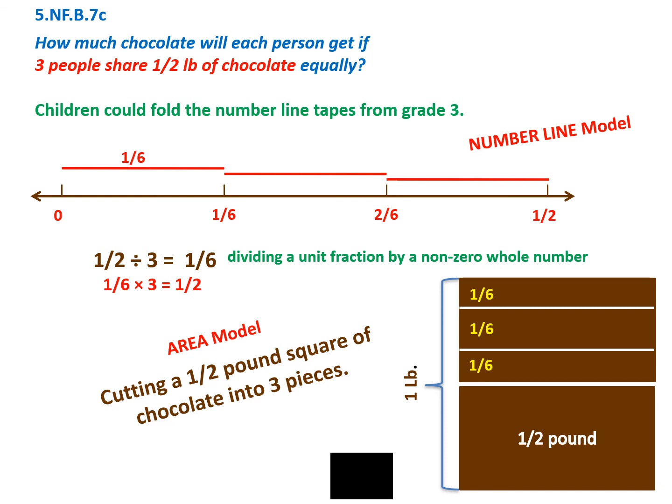We've done the same thing on the number line, dividing 1/2 into 3 equal parts. 1/2 divided by 3 equals 1/6, because 1/6 times 3 equals 1/2.